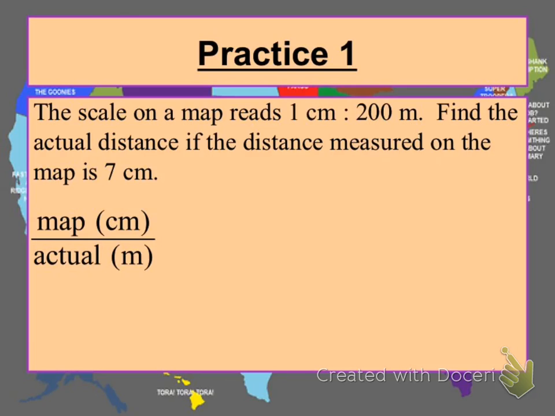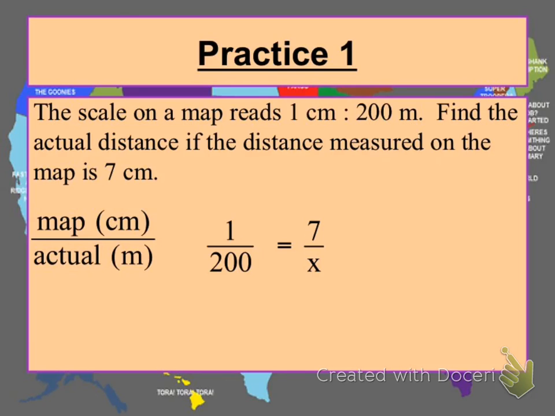We can see easily the scale right here, and we can put that into the ratio form. So we go ahead and put 1 to 200. In forming the proportion, we need to put the 7 centimeters that they give us in the numerator because it relates to the distance that is measured on the map.